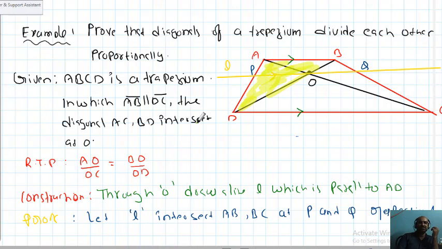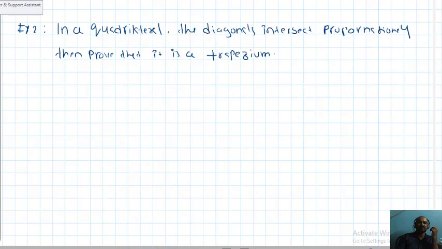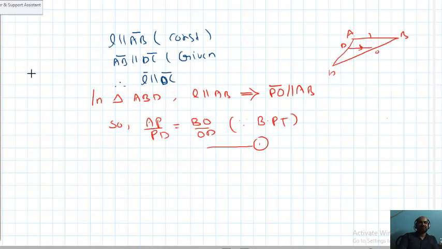Now I want to take triangle ADC. See, triangle ADC. In this triangle, PO is parallel to DC only. L is parallel to DC means PO is parallel to DC only. I will write in triangle ADC, I will draw a small diagram for that.